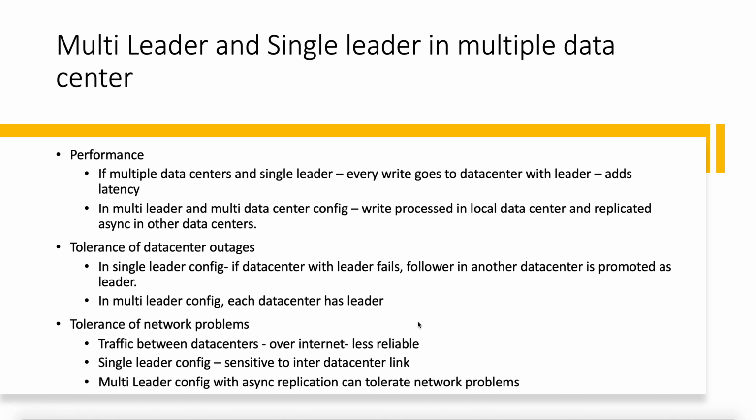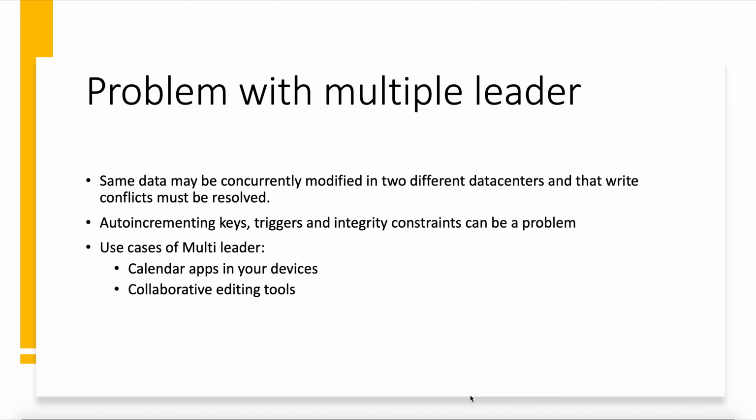A multi-leader configuration with asynchronous replication can tolerate these network problems because a temporary network interruption does not prevent writes from being processed. Some databases support multi-leader configurations by default, but they are also implemented by some external tools. Although multi-leader replication has advantages, it has various problems too.